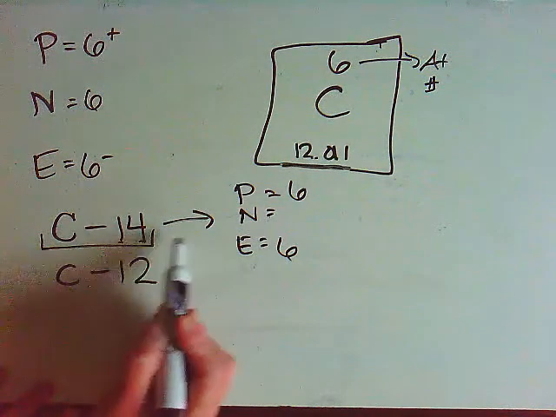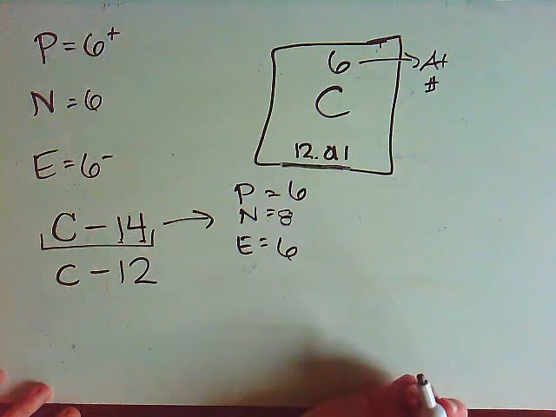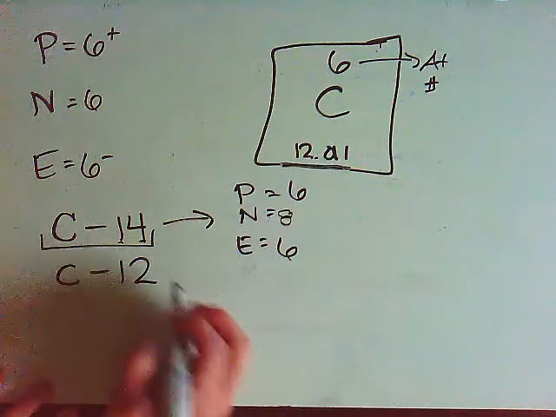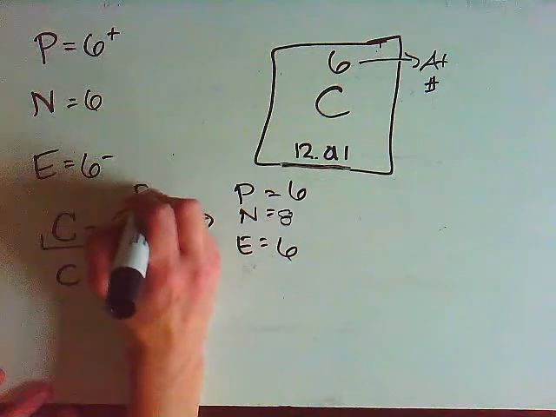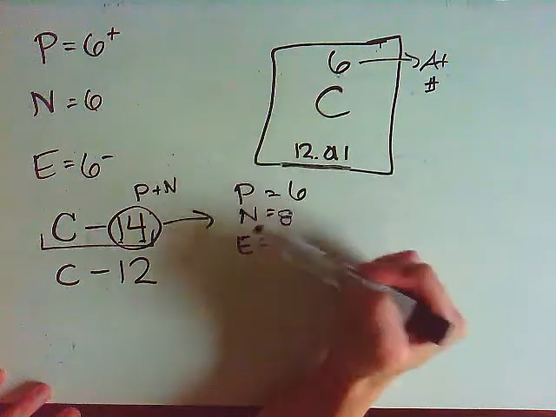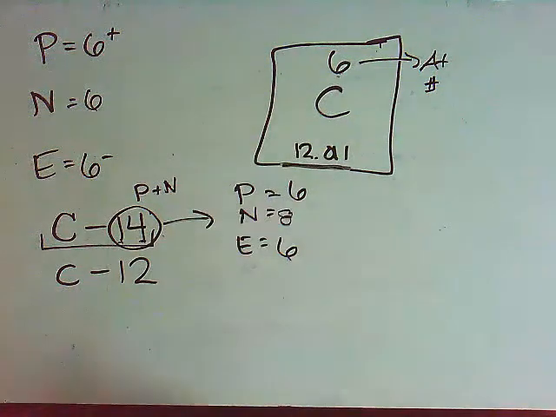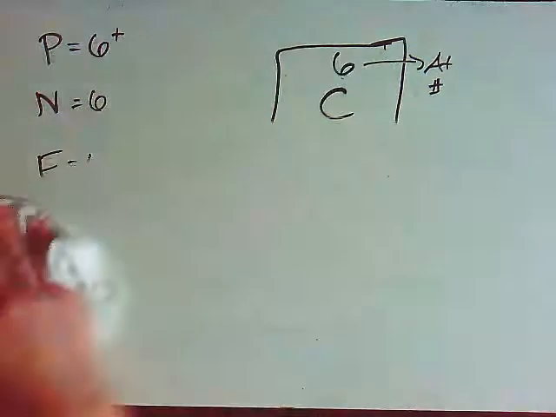To find the number of neutrons, you take the mass number 14 minus the atomic number 6, and that's going to give you 8. Okay, so if they give you that isotopic notation, this right here, remember, is the number of protons and neutrons. You know the number of protons is 6, so you're simply going to subtract mass number minus atomic number to get the number of neutrons.